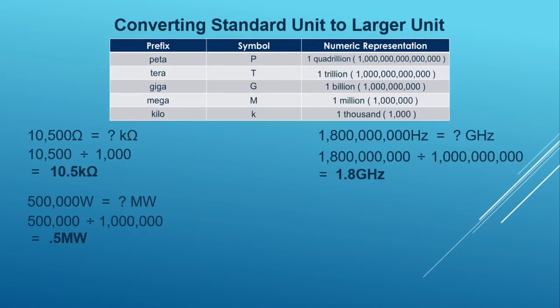So those are the process of converting standard unit to a larger unit. You're going to divide the value of the quantity by the numeric representation of the prefix. As you can see in our example, instead of writing 1,800,000,000 hertz, which is too long to write, now you can write it in a short form, which is 1.8 gigahertz using our larger prefix.